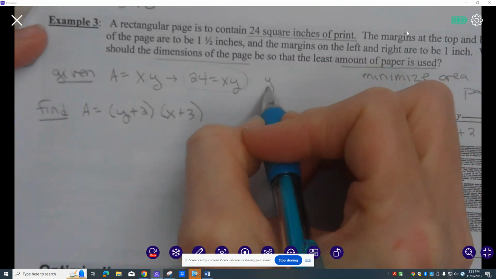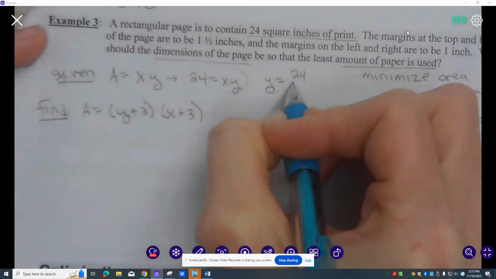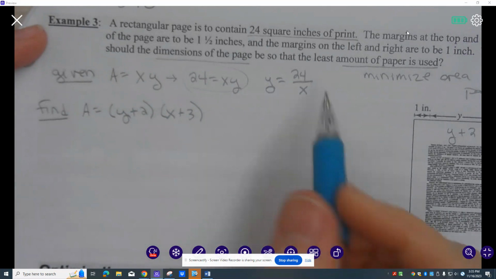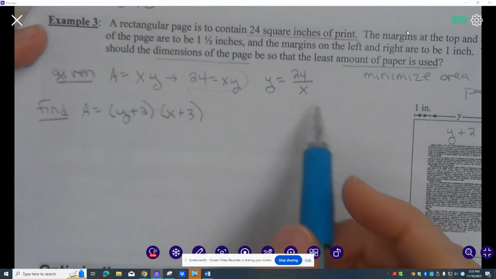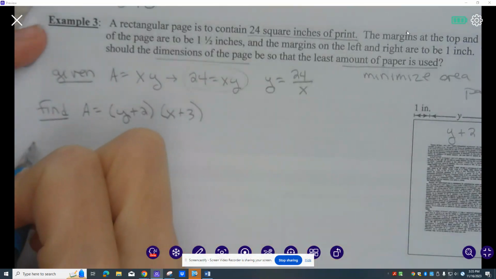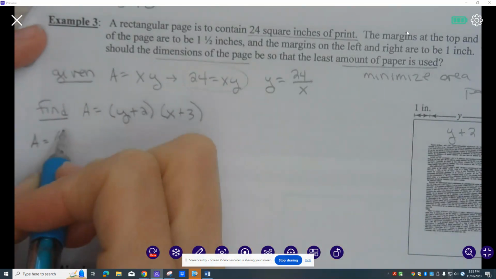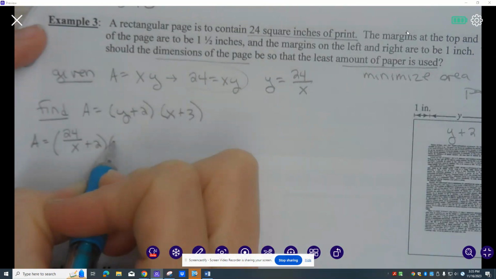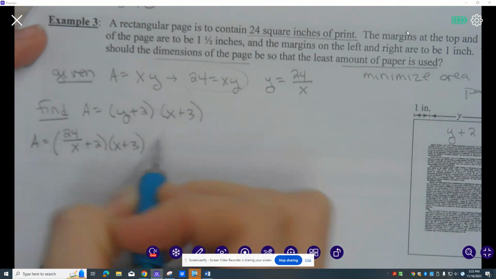So I'm going to solve for Y, you could solve for X, and you would end up with the same answer. So I'm going to replace every Y with 24 over X. So my area is going to be 24 over X plus 2 times X plus 3.